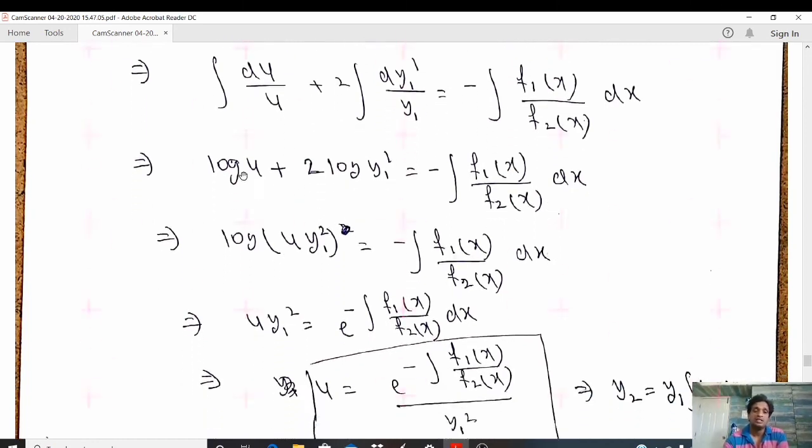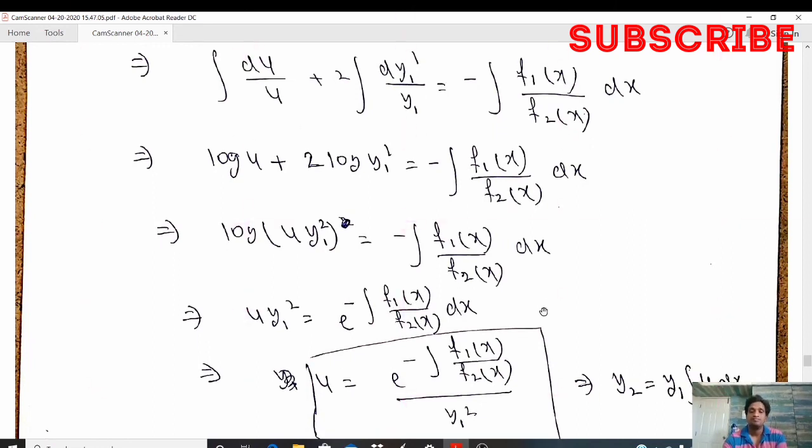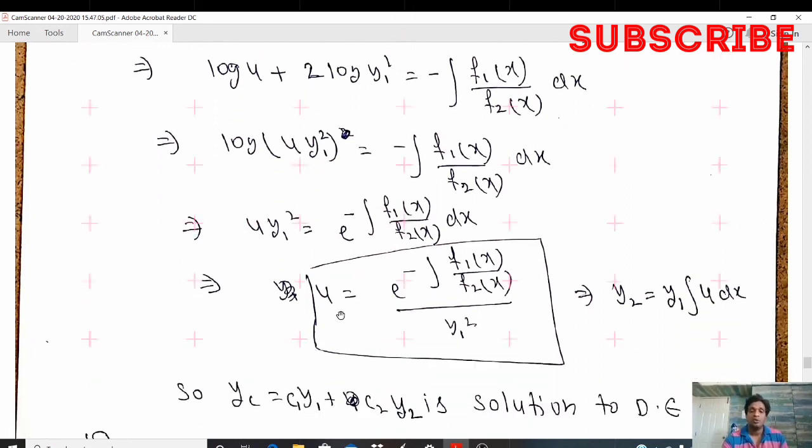So it is in the form of log a plus log b. If I take the 2 as a power of y1 dash, it becomes log of u into y1 square equal to this value. So u into y1 square will be exponential e power minus integration f1(x) by f2(x) dx. But we have to find the u value. u is equal to e power minus integration f1(x) by f2(x) dx, divided by y1 square.